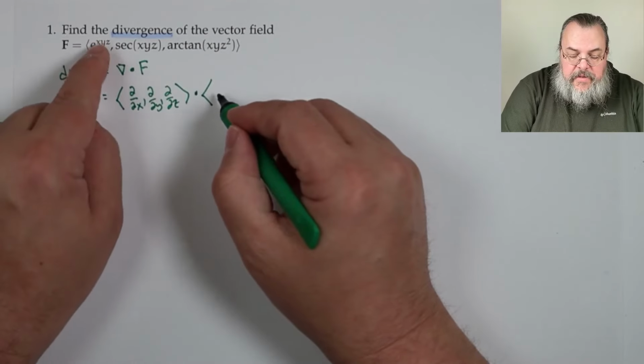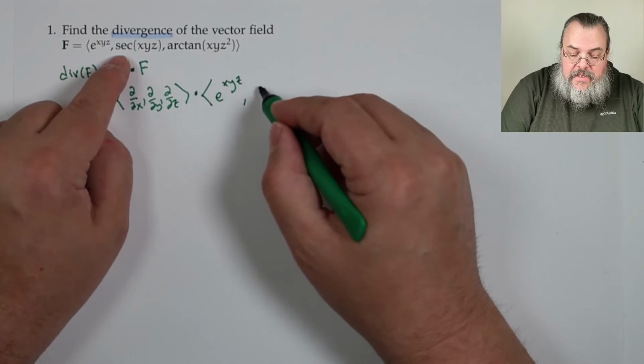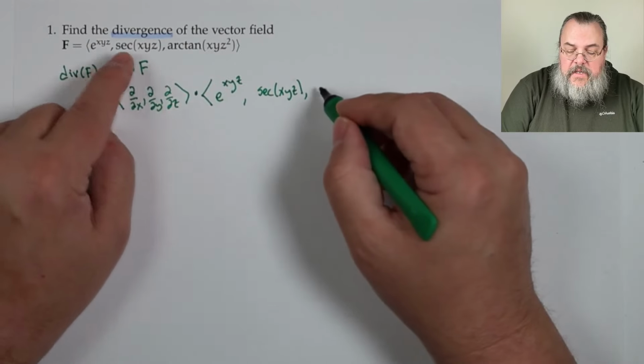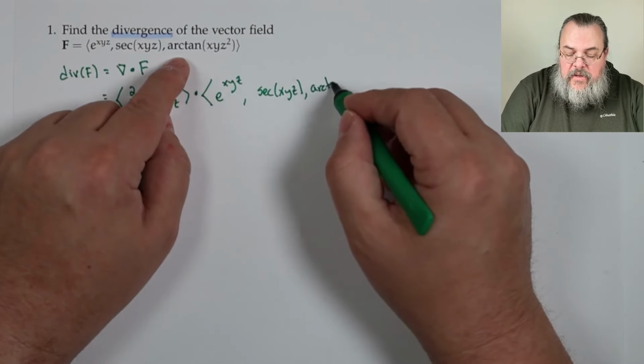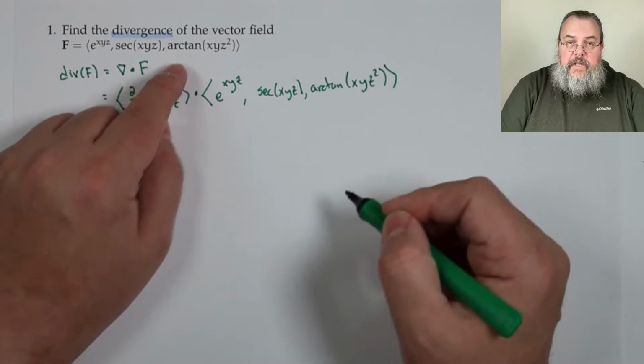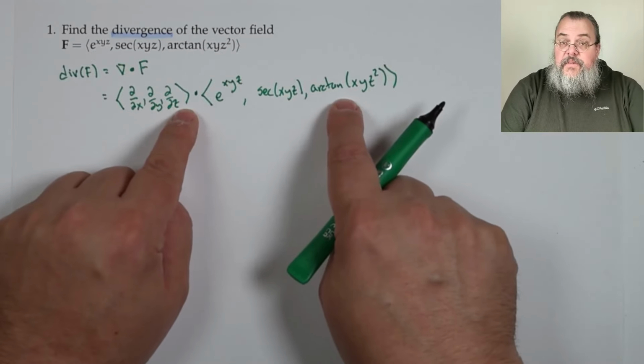So we'll just copy this down. E to the xyz, comma, secant xyz, comma, arctangent of xyz squared. All right, and the dot product works. We do it entry by entry and add up the results.